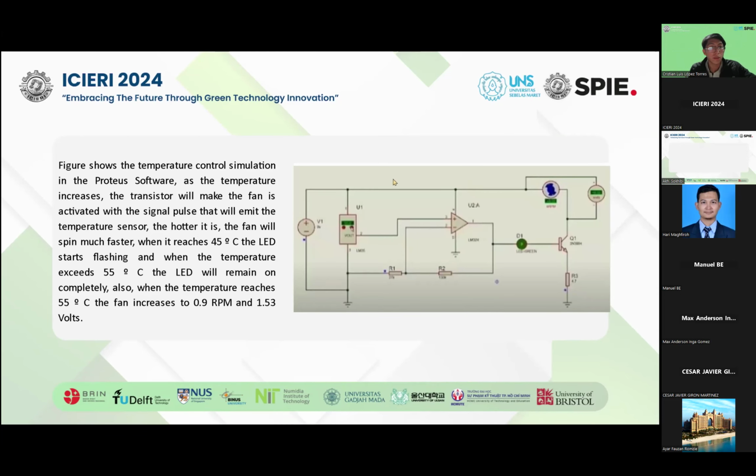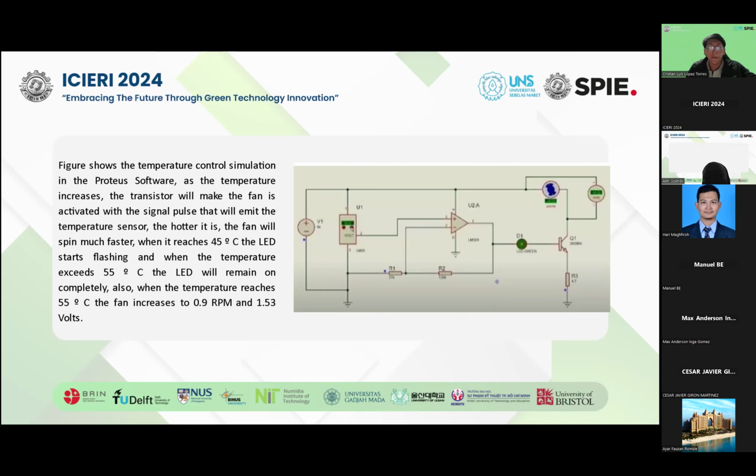The figure shows the temperature control simulation in Proteus software as the temperature increases. In addition to Factory IO, we use Proteus software to simulate the temperature control system in this model. The fan automatically responds to rising temperature: when the machine's temperature reaches 45 degrees Celsius, an LED starts flashing as a warning.